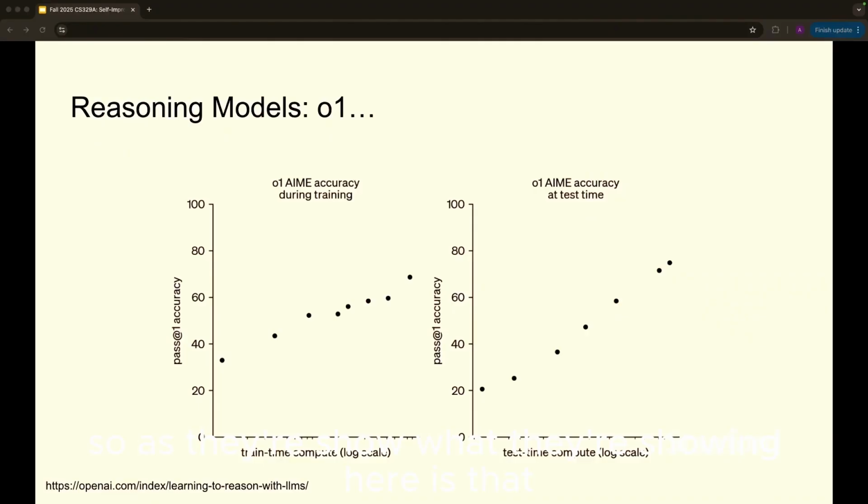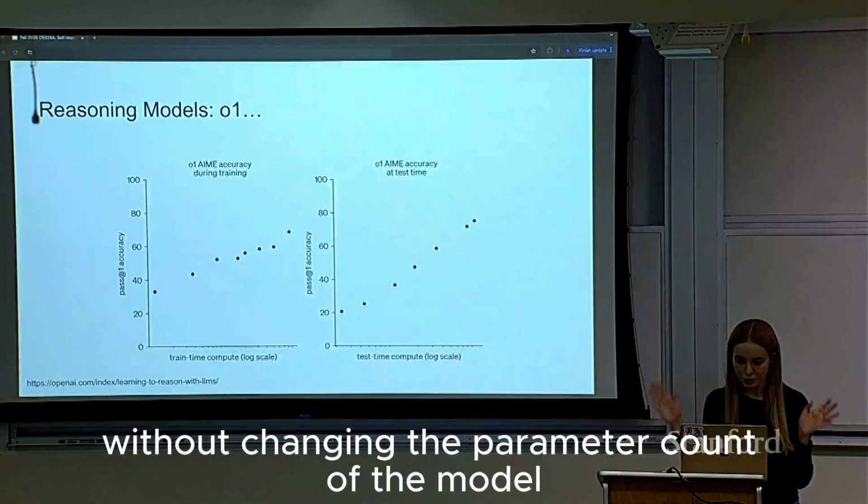What they're showing is that as they increase test time compute, in log scale, the pass@1 accuracy of the model goes up, and this is for test time alone. Previously, this has been shown for training, but it's very interesting that this kind of scaling applies to test time as well, without changing the parameter count of the model.